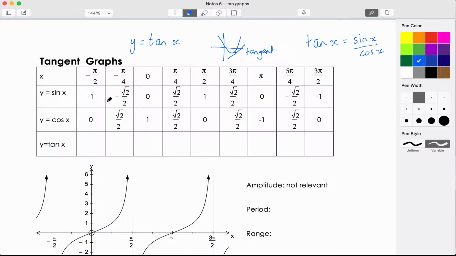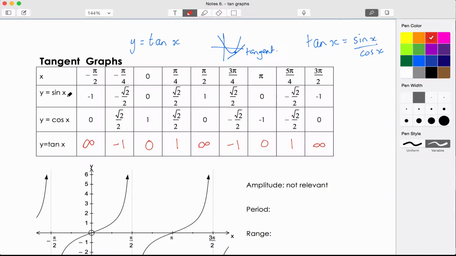I've filled it in for y equals sine x, filled it in for y equals cos x, and I'd like you to fill in the final row for y equals tan x. Pause your video now to have a go at doing that. You should get exactly these values.